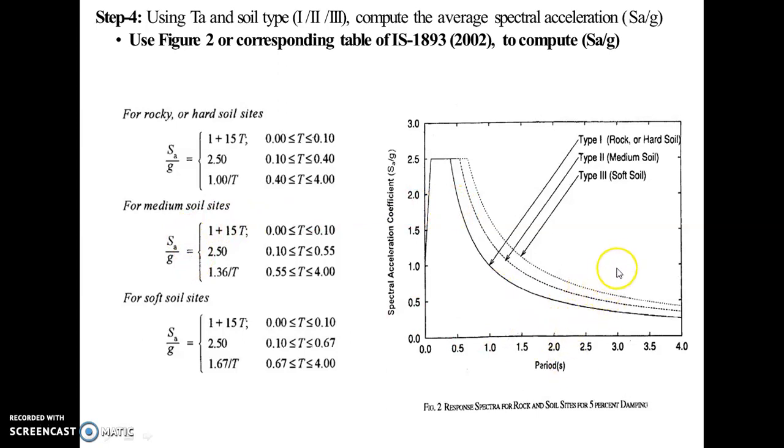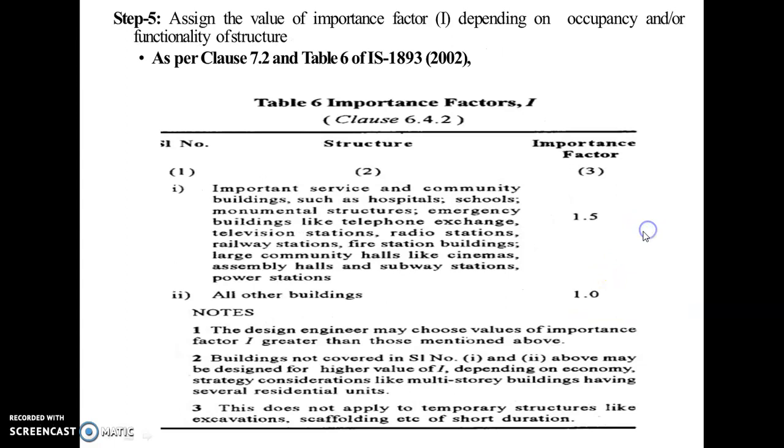Now our remaining part is I upon R. I is the importance factor. Importance factor means how important your building is. For important buildings or important services, we take the I value as 1.5, and for other buildings we take the I value as 1.